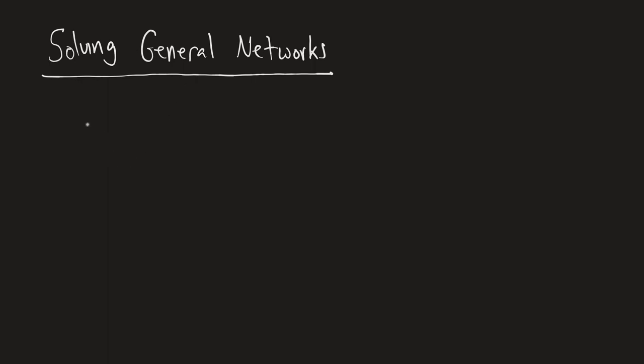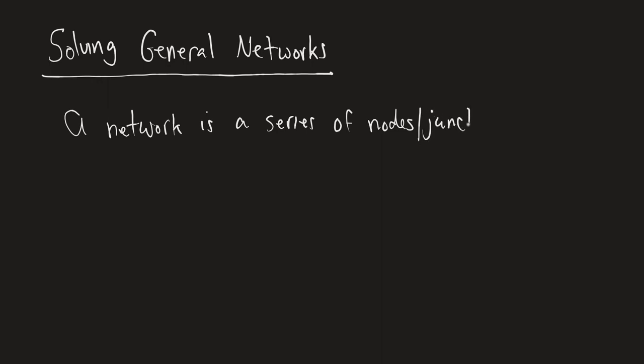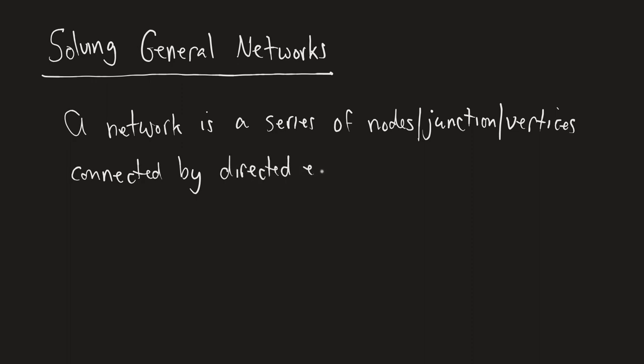Now, what is a network? A network is a set of what we call nodes, or junctions, or sometimes more generally vertices, connected by either directed edges or arcs.